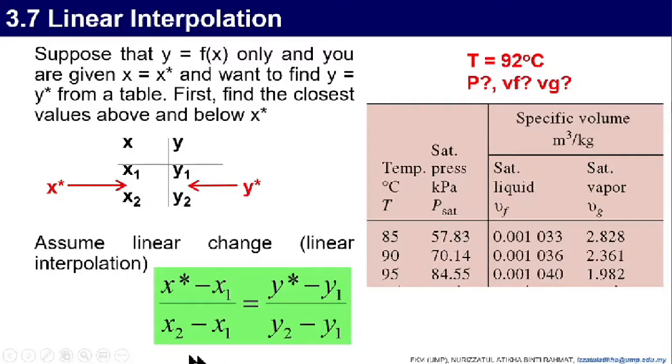Then you calculate it using this equation of linear interpolation: (x star minus x1) over (x2 minus x1), that is (92 minus 90) over (95 minus 90), equals (y star minus y1) over (y2 minus y1), that is (y star minus 70.14) over (84.55 minus 70.14). Then you will get y star.